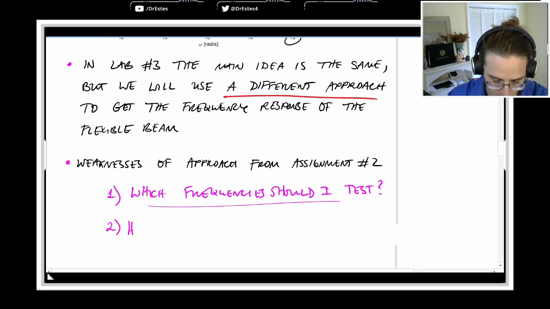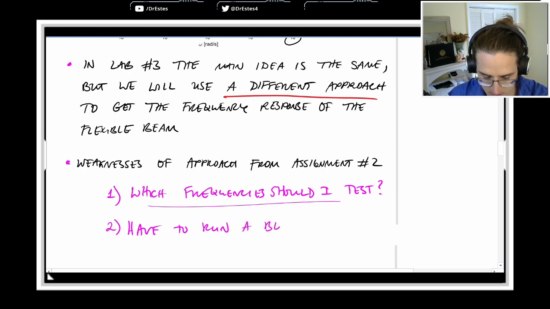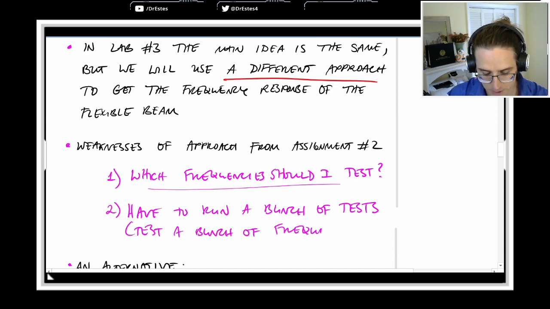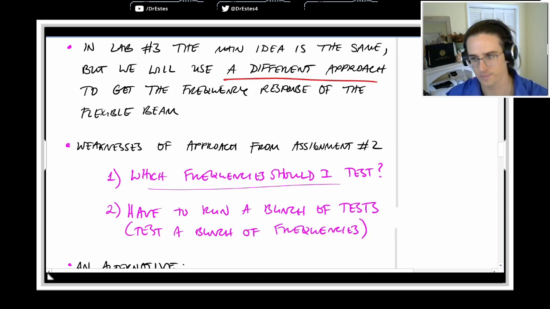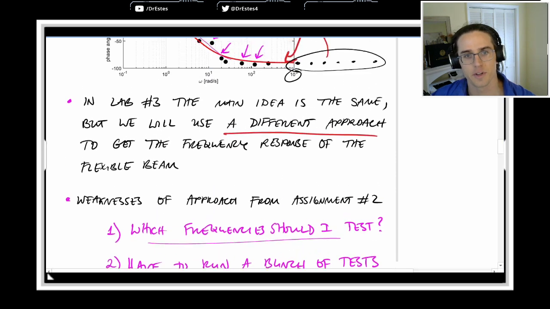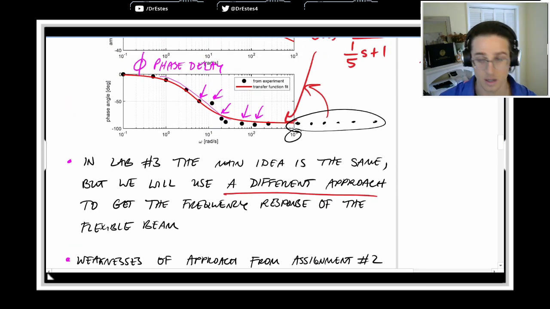The second problem is you have to run a bunch of tests. Test a bunch of different frequencies. And for each frequency you test, that's another test you have to do. So up in this figure above, we ran 11 tests, and that takes time.